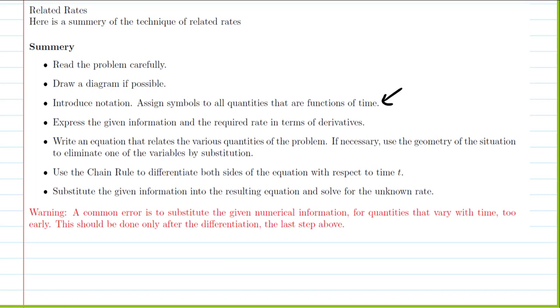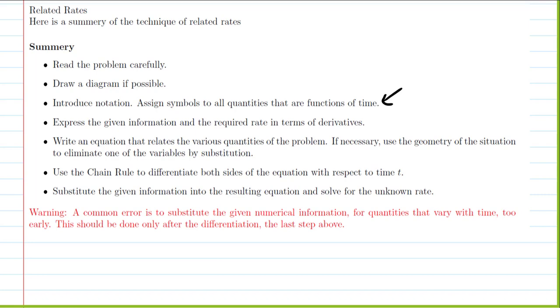The next one is we need to use the chain rule to differentiate both sides of the equation with respect to time. So this is going to be similar to when we did implicit differentiation. Whenever we took the derivative of y with respect to x, we differentiated the function of y normally, and then always multiplied by y prime, or dy/dx, although we didn't often write it that way.